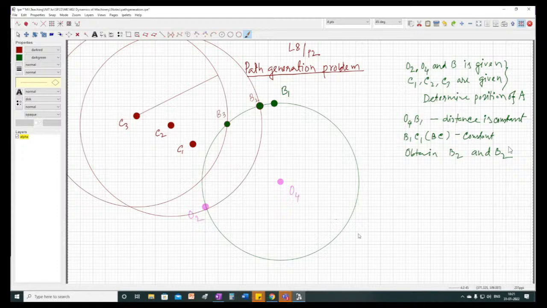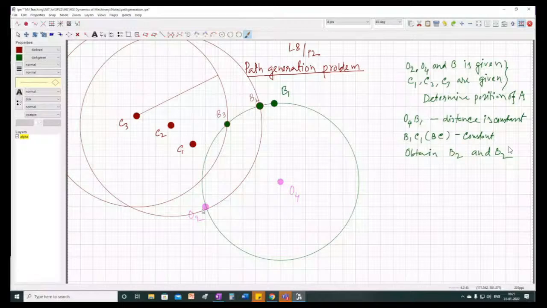What is left now? We have to find the position of A. Where is A? To find A, the step is we will find the inverted position of O2, right?